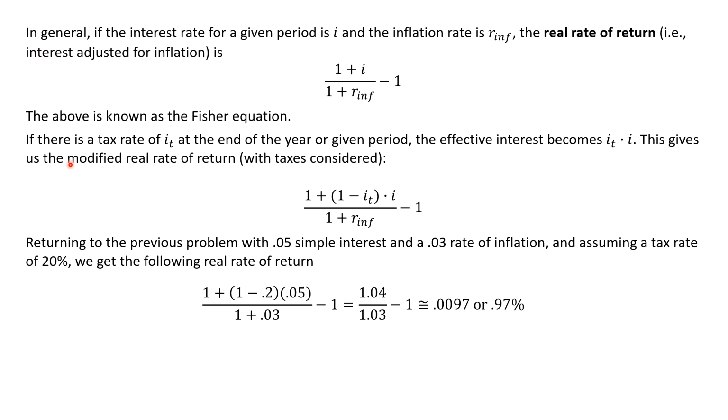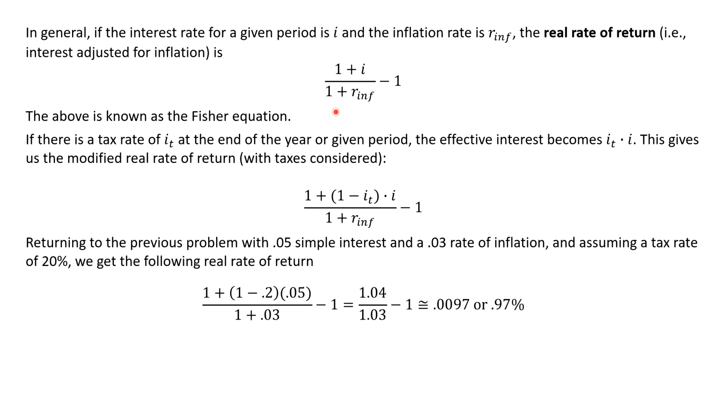We could also figure in taxes if you like. So if there is a tax rate of I sub t at the end of the year, or a given period, let's just stick with the given period, the effective interest rate becomes I sub t times whatever your interest is, and this gives a modified real rate of return with taxes considered.